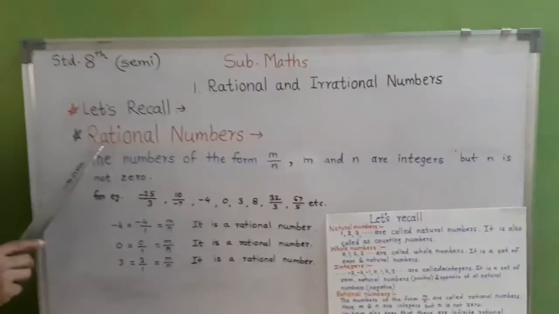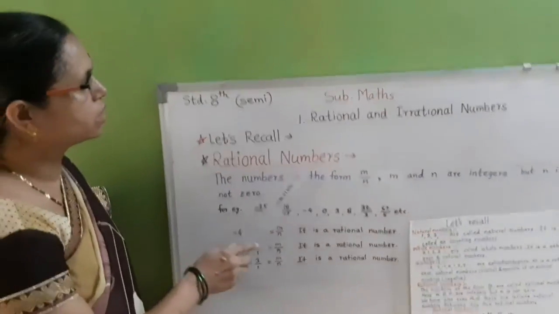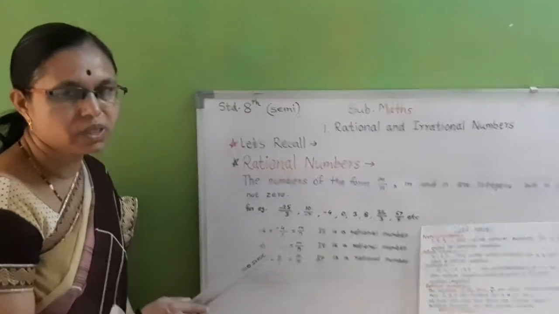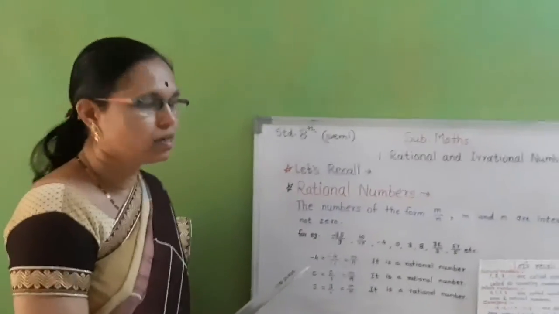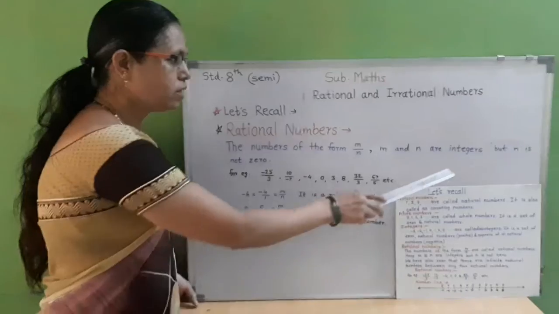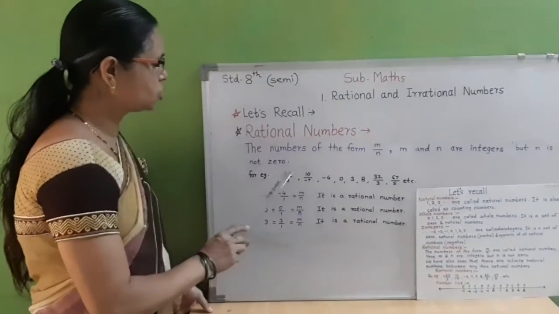Now let's learn rational numbers in details. The numbers of the form m by n. Here m and n are integers, but n is not 0.